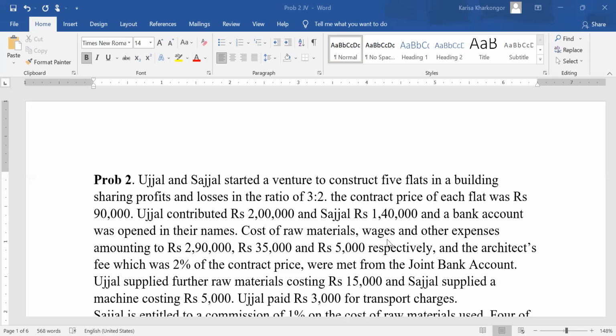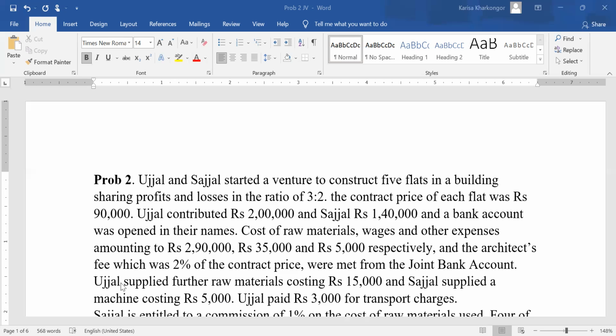Cost of raw materials, wages, and other expenses amounting to rupees 2,90,000, 35,000, and rupees 5,000 respectively, and the architect's fee, which was 2% of the contract price, were met from the joint bank account. So the expenses out of the joint bank account include the cost of raw materials, wages, other expenses, and architect fee.